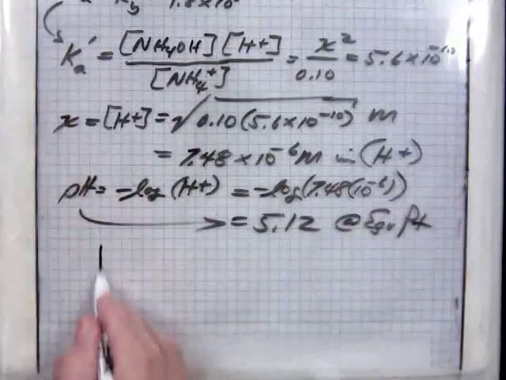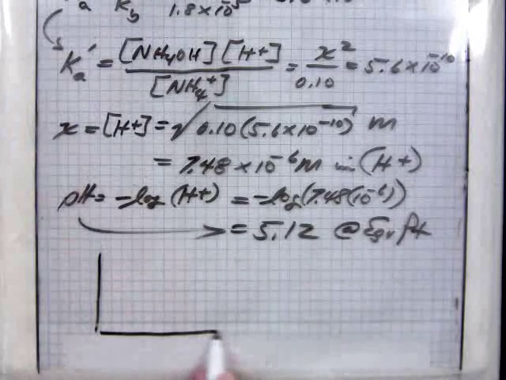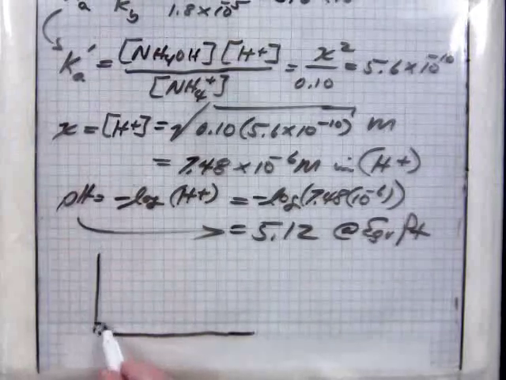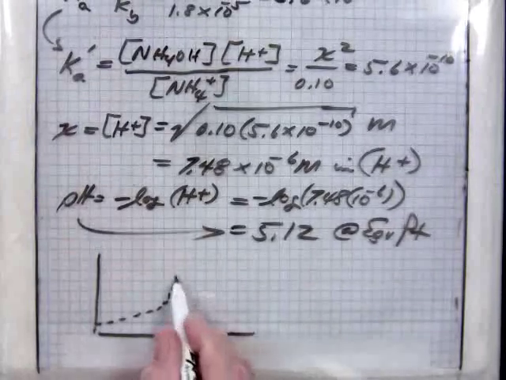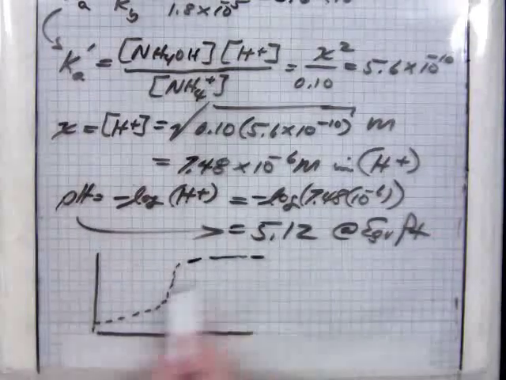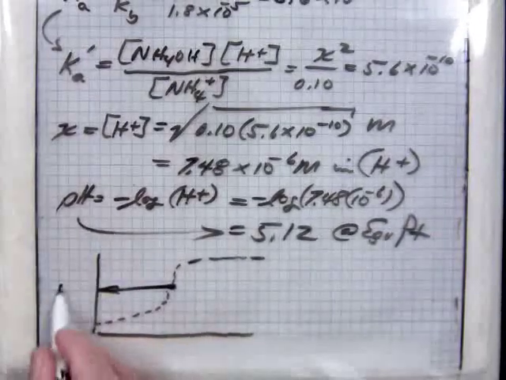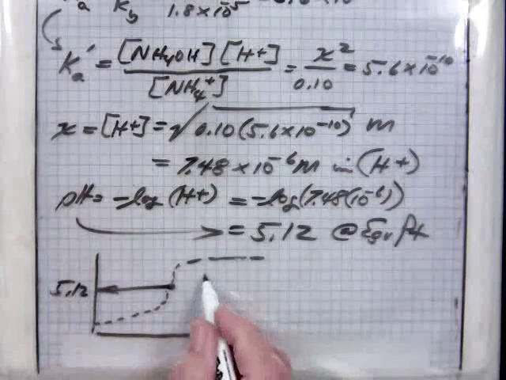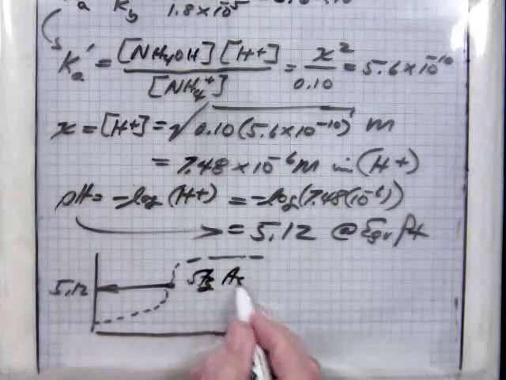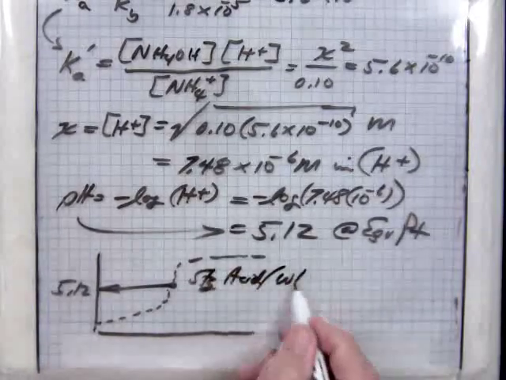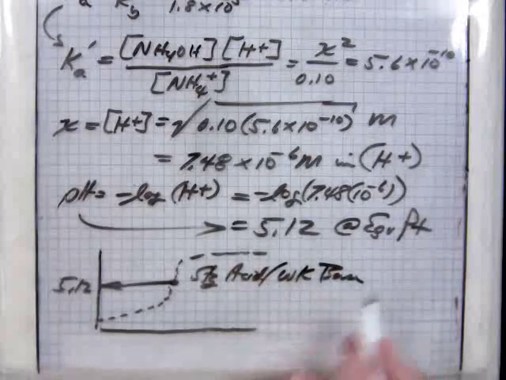So a plot of this one generates the traditional curve, except the equivalence point is 5.12 for a strong acid, weak base titration.